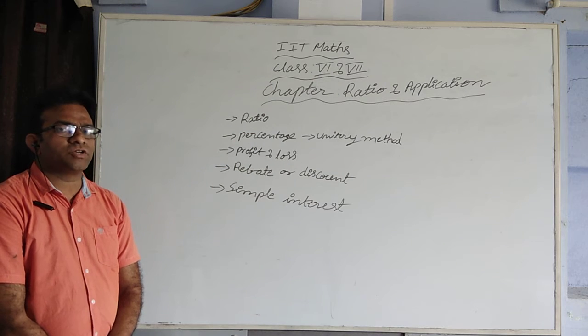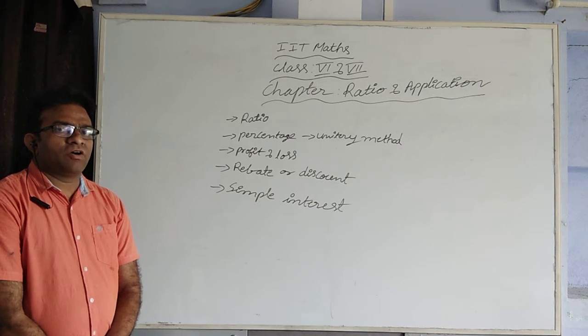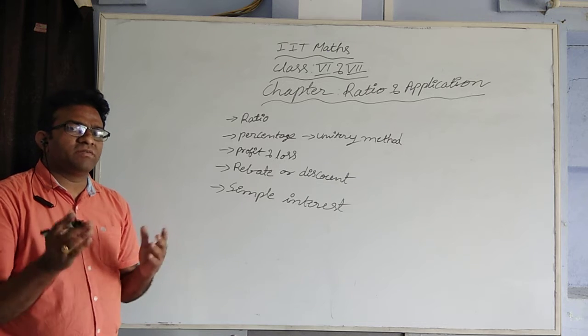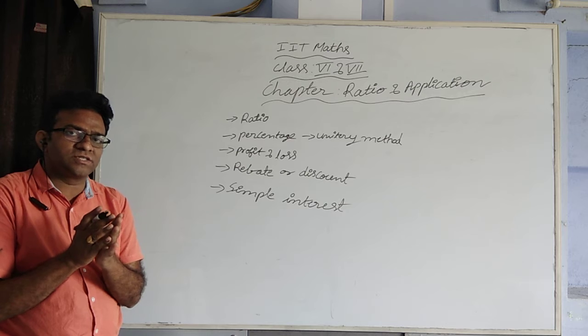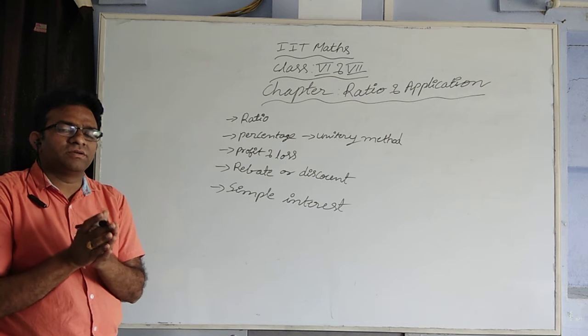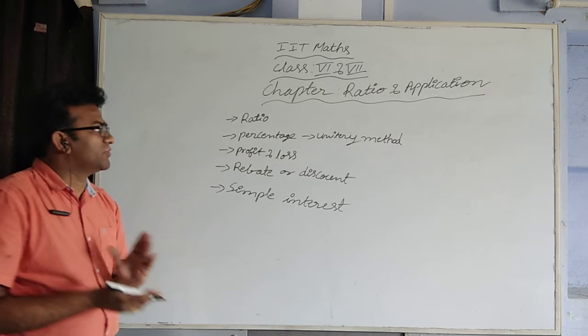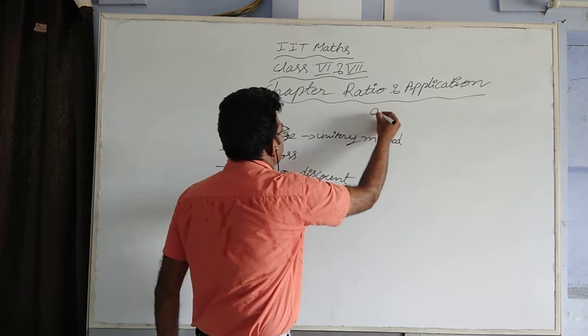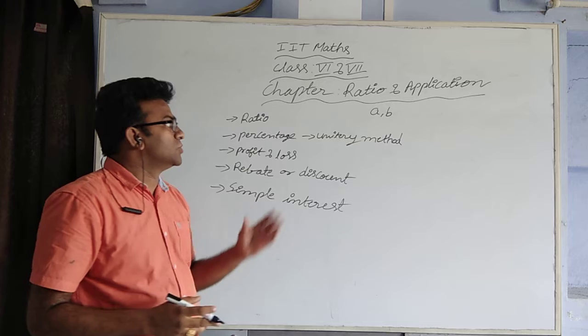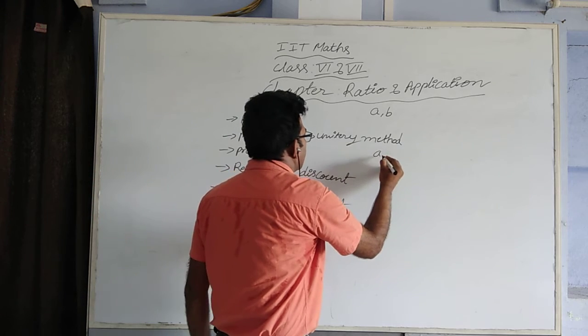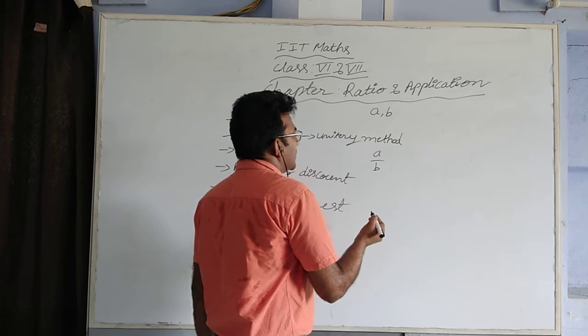What is meant by a ratio? A comparison of two quantities of the same kind by division is called ratio. Otherwise, if A and B are any two quantities of the same kind with the same units, those represented by division is called ratio.